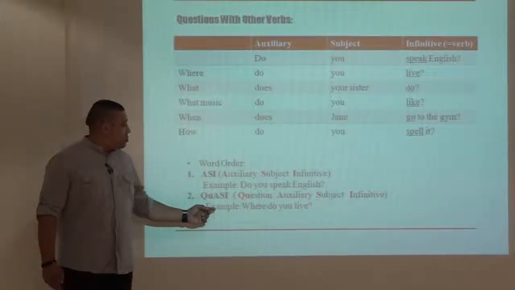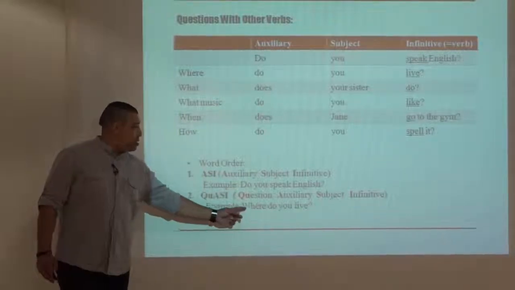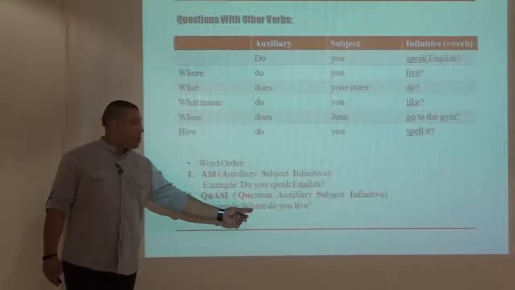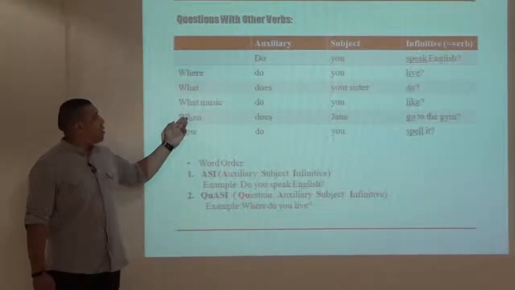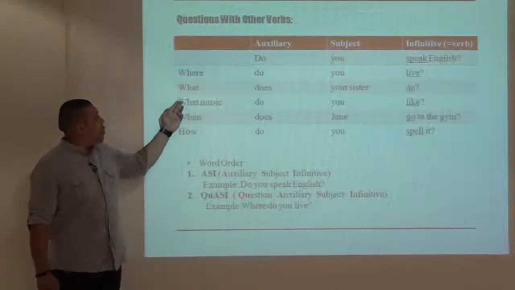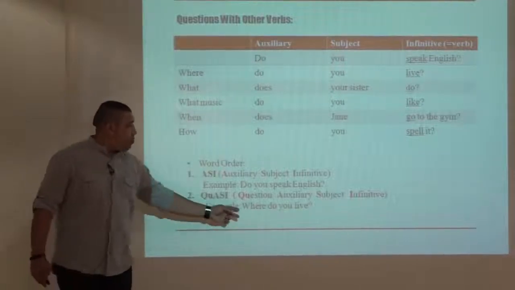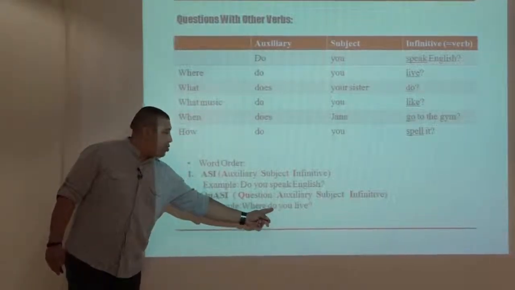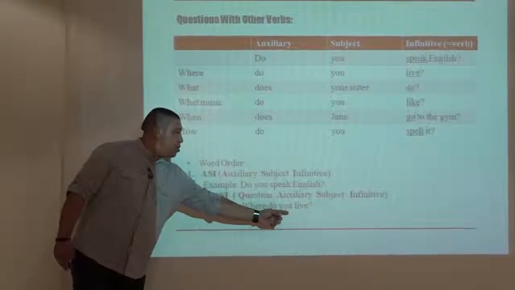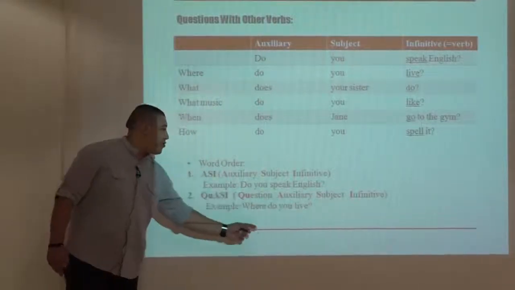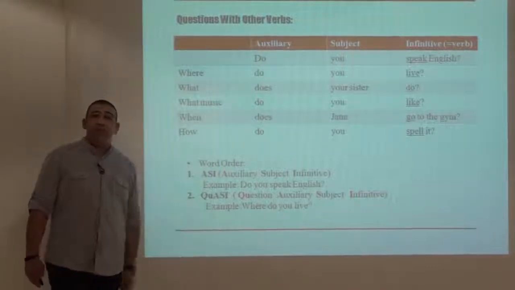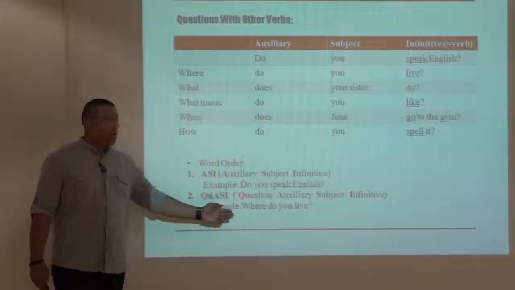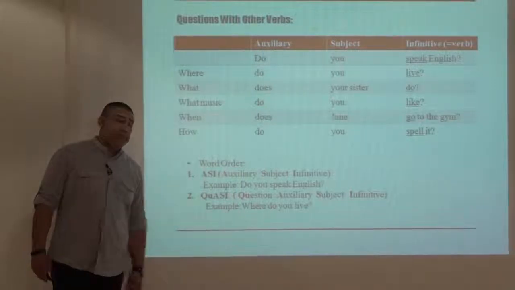So Q, question word, is WH questions, like where, how, when, what, what music, followed by auxiliary do, subject you, and infinitive live. So where do you live? So you give information to the hearer, like I live in Lefke.